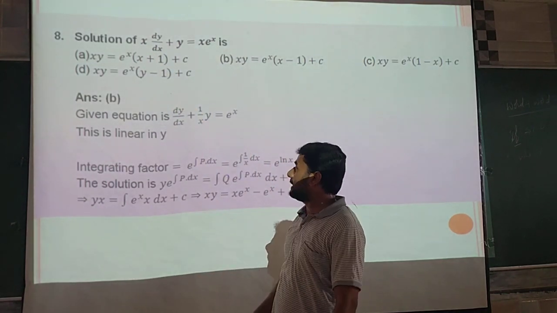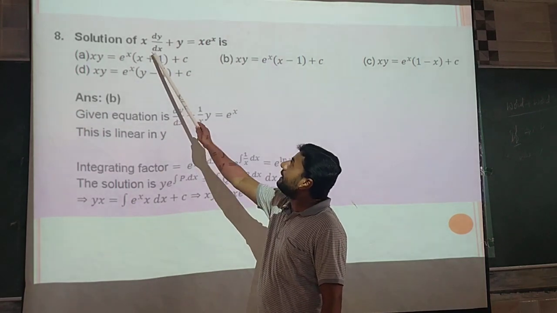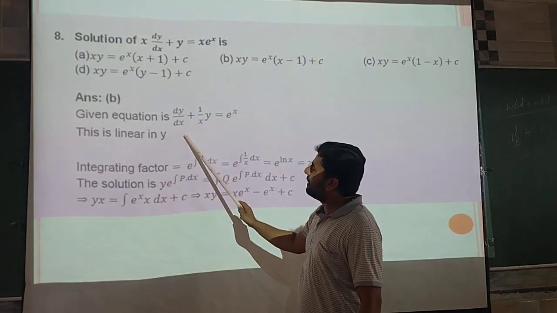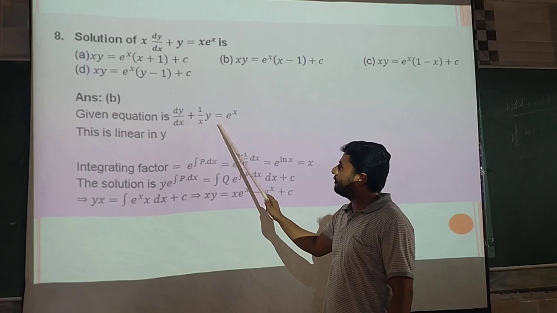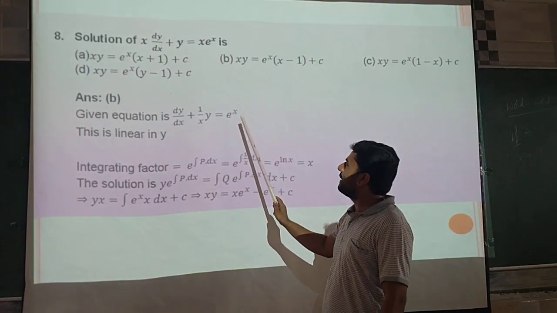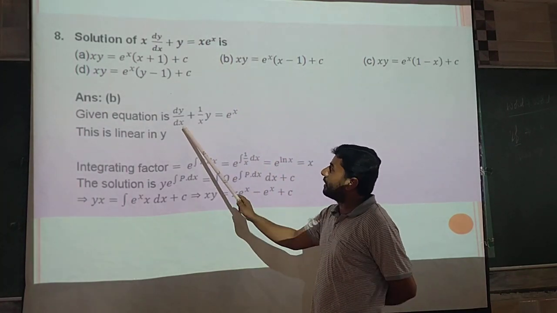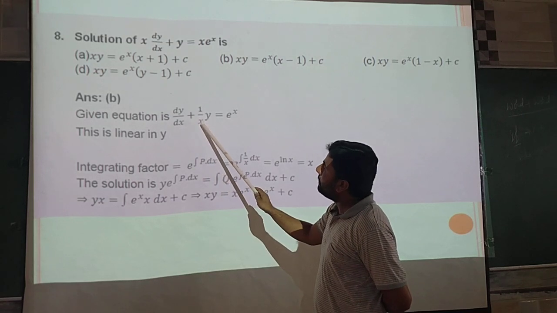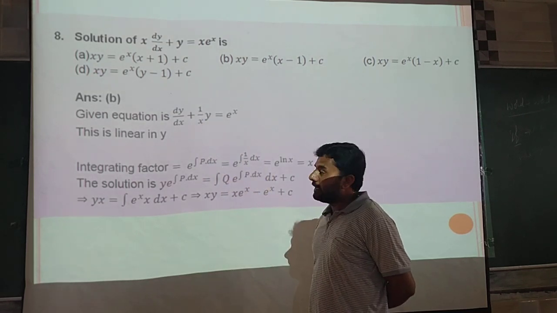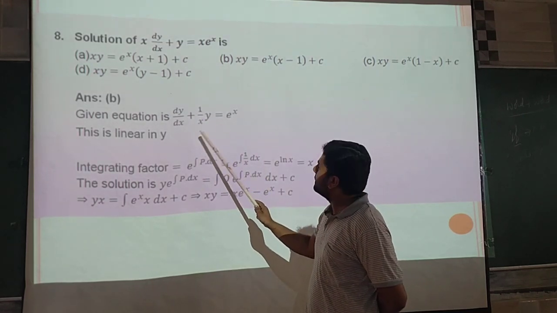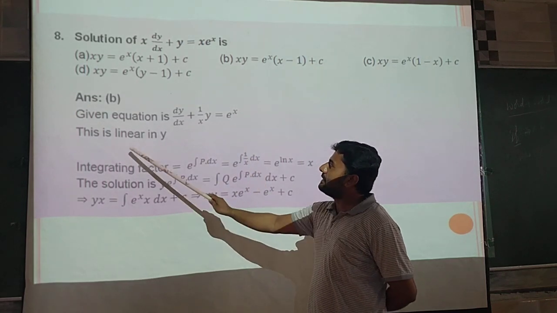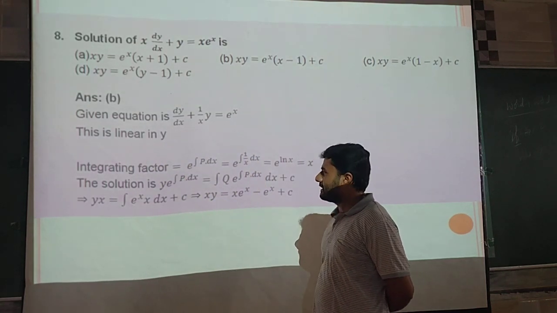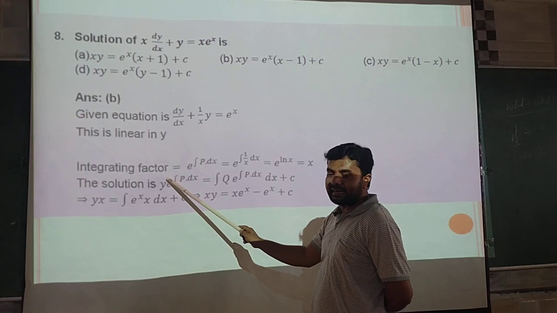Then dy/dx + (1/x) y = e^x, which is of the form dy/dx + p y = q. Here p = 1/x and q = e^x. This is linear in y. Then we have to find the integrating factor.